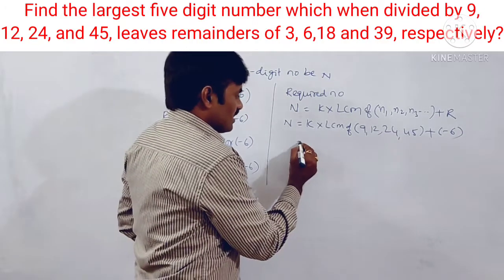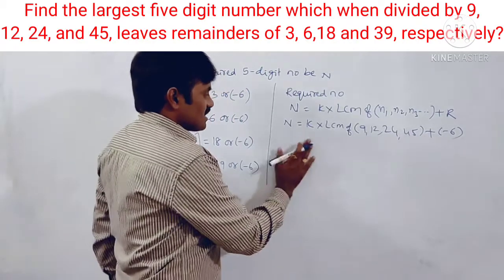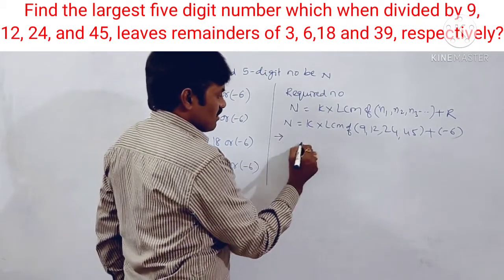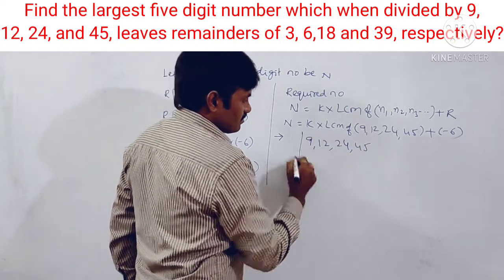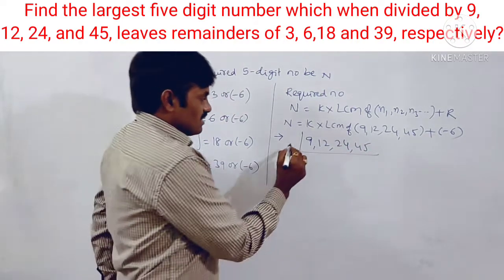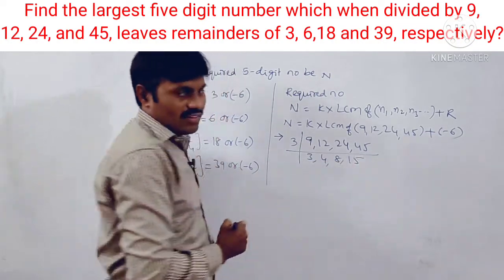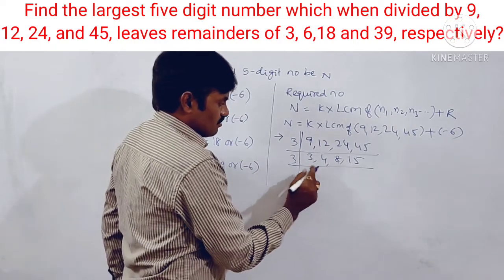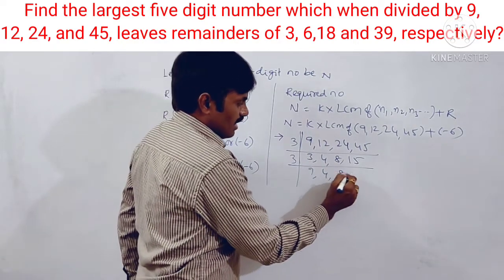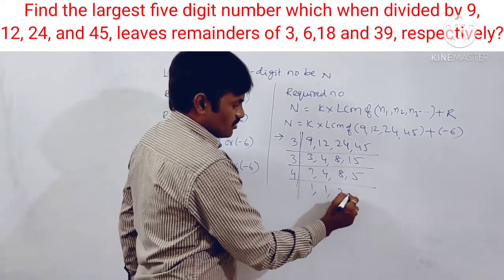So now we have to find the LCM of these numbers. LCM of 9, 12, 24, 45. See, 3 3s are 9, 3 4s are 12, 3 8s are 24, 3 15s are 45. Again 3 table is possible: 1 time 4, 8, 5 times. Here 4 table is possible: 1, 4, 2, 5.